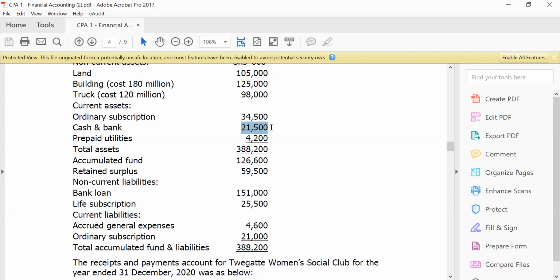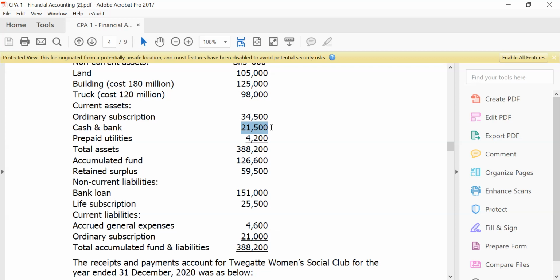Now, one thing you get to realize is that for non-for-profit organizations, we don't have a cash flow, but we rather have what is called a receipts and payments account. Then we have what we call prepaid utilities. Prepaid utilities are under our current assets because these are utilities that were paid in advance.